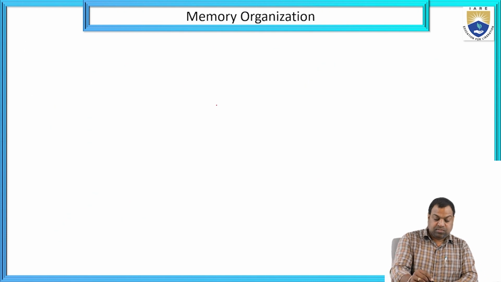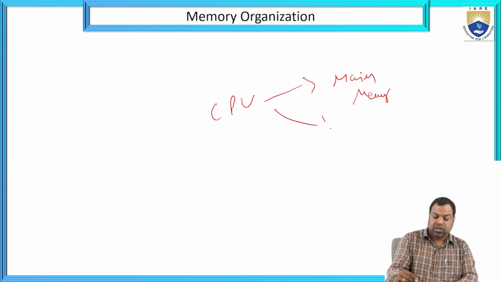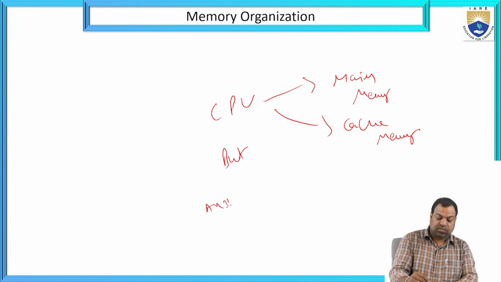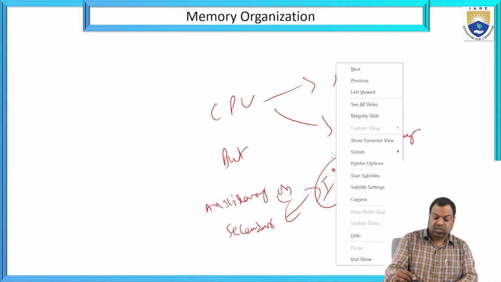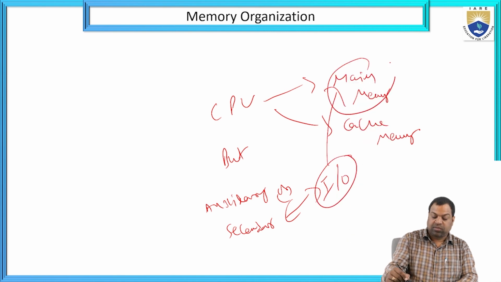So the CPU will directly access the main memory and cache memory. But auxiliary or secondary memory will directly access the input-output, and then only it is connected to the main memory.